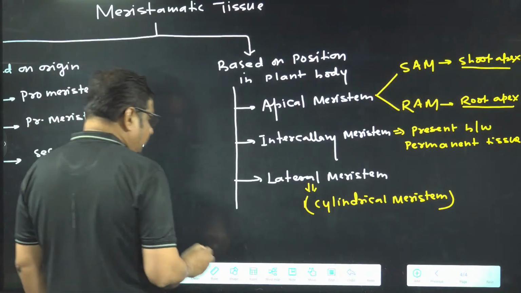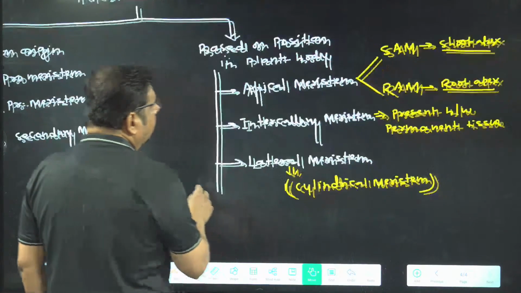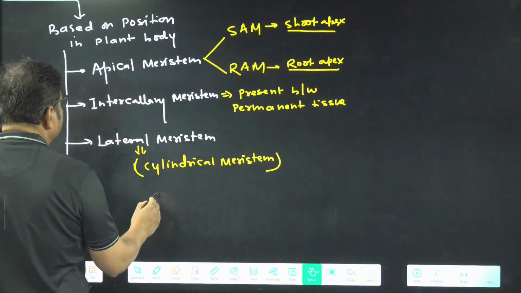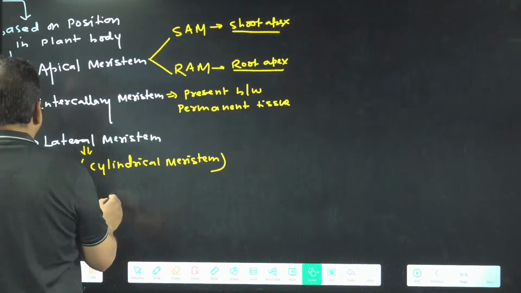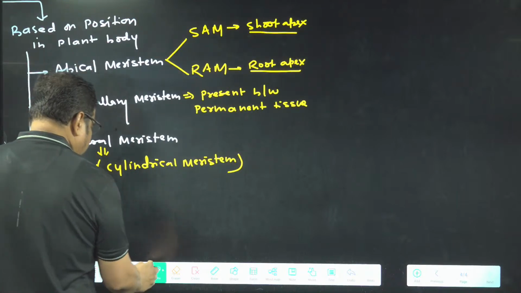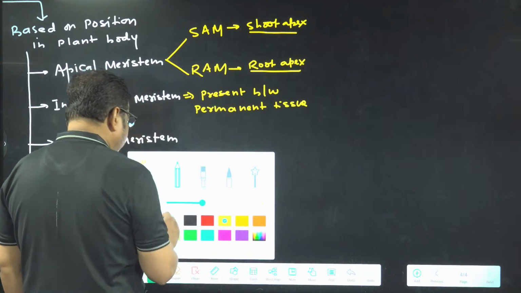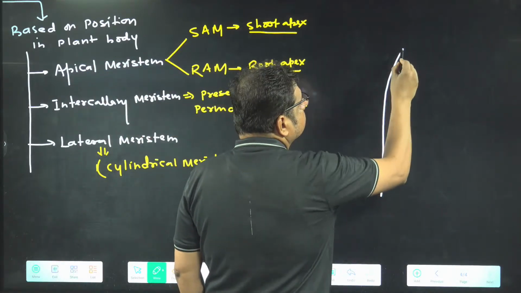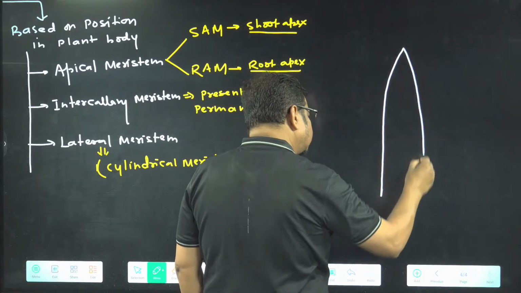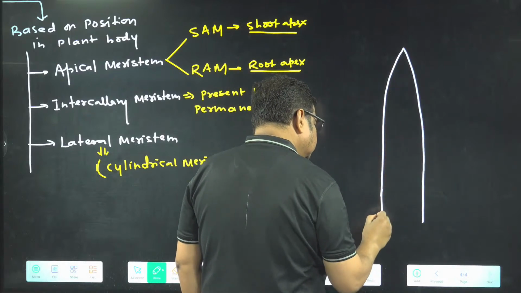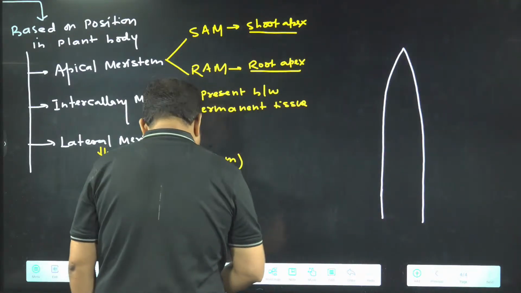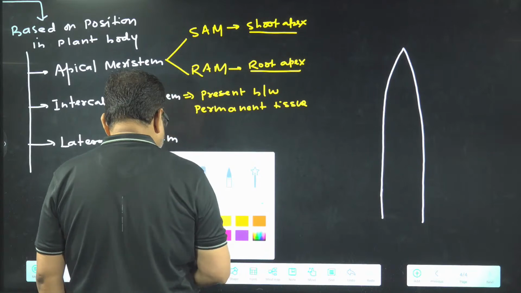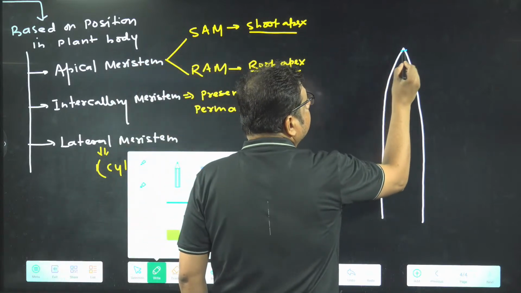Have a look. Let me draw a diagram to handle this, based on the position in the plant body. I am drawing a diagram. I am changing the color to denote the meristem. Here it is meristem.